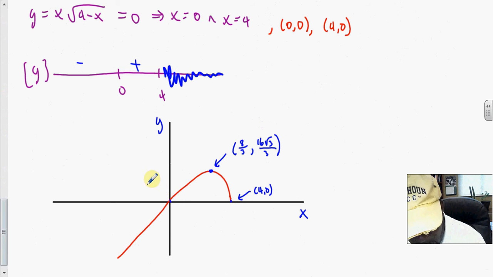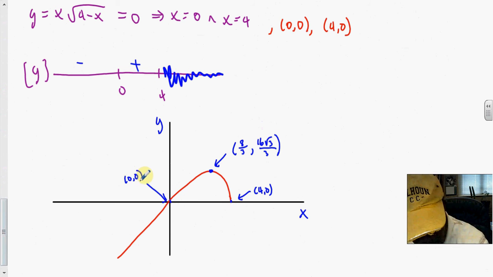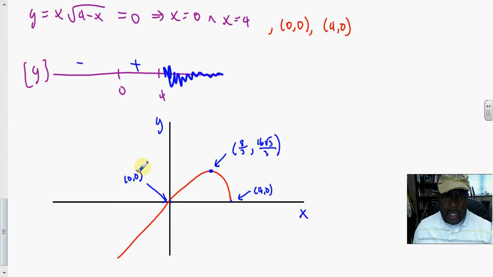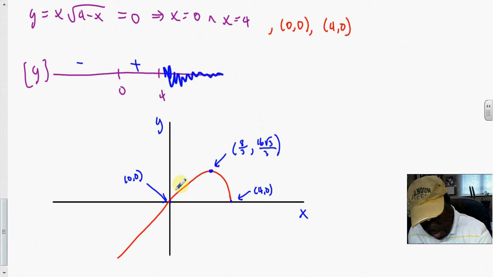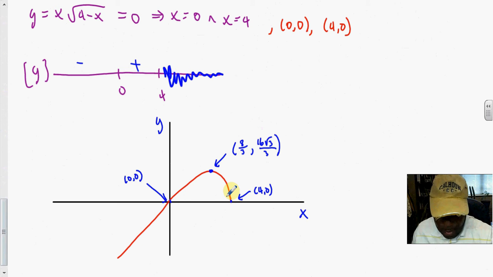Another one here at (0, 0). If you found that second derivative, of which I do not care for, the concavity would be strictly down. See, the concavity is concaving downward all the time. Right? But you can see this from the graph. No need to even compute the second derivative.